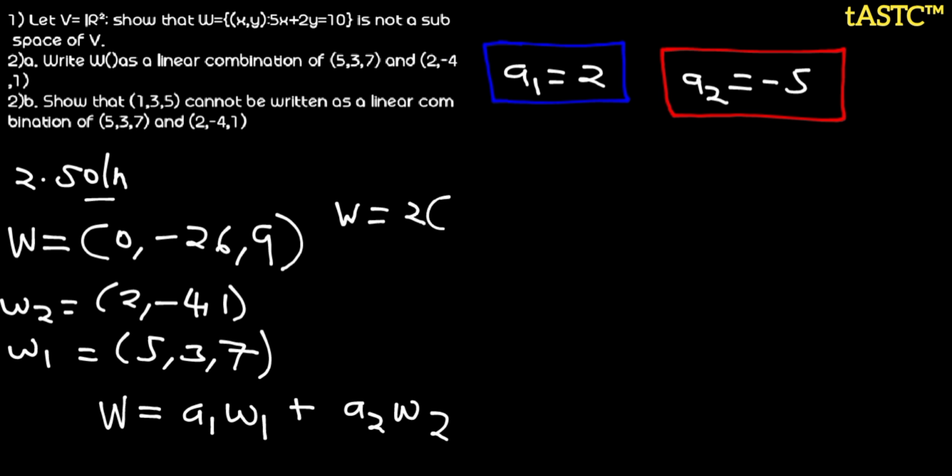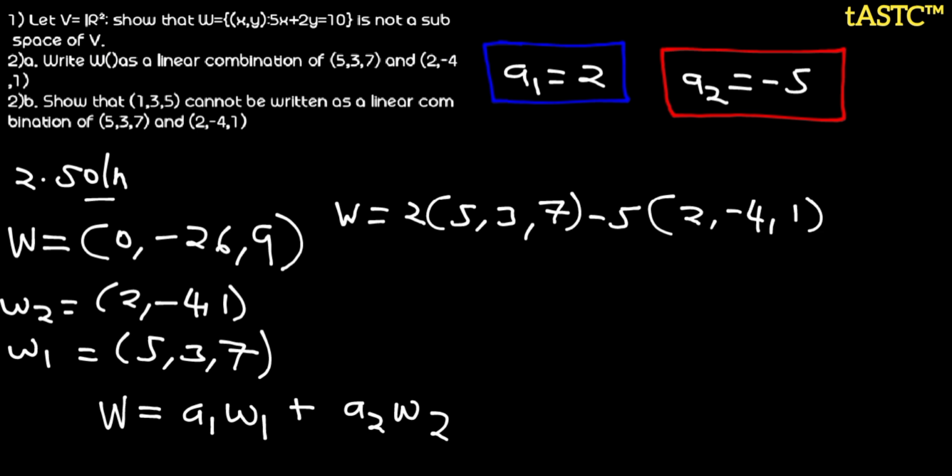A1 is 2 and W1 is (5, 3, 7). And we have A2. A2 is negative 5. So this would actually change, and this is going to give us a minus 5. And here we're going to have a W2, which is actually (2, -4, 1).